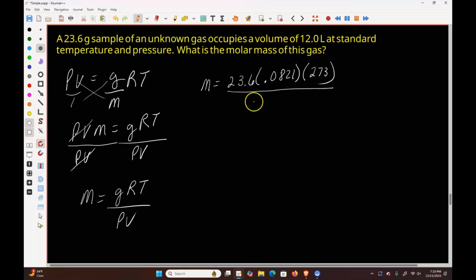The pressure is 1 atmosphere, and the volume is 12 liters. So if I multiply this out, I should get 44.1 grams per mole.